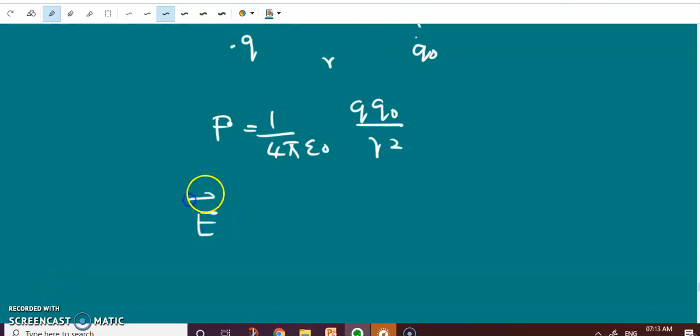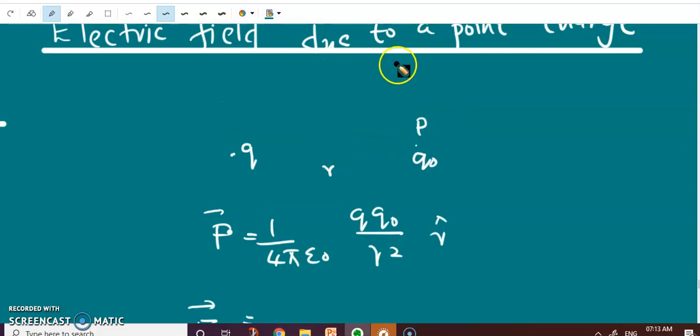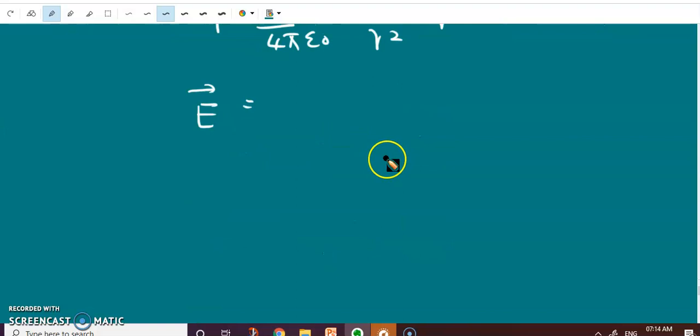So the electric field intensity is equal to, and we know that the direction of the force is along r cap, the unit vector pointing from Q to Q naught. So this is r cap, or along this point. Suppose the test charge is at this point A, then the unit vector is along AP.